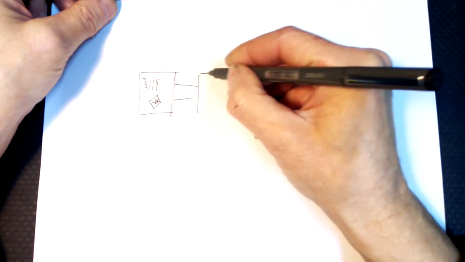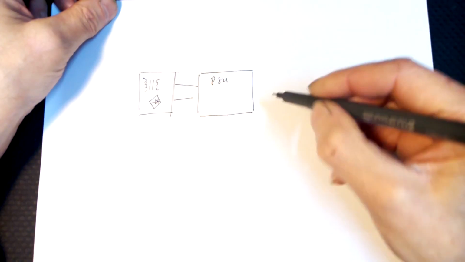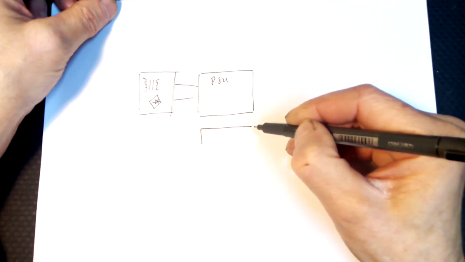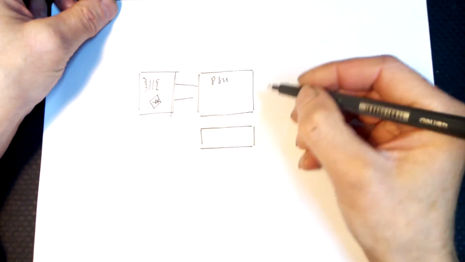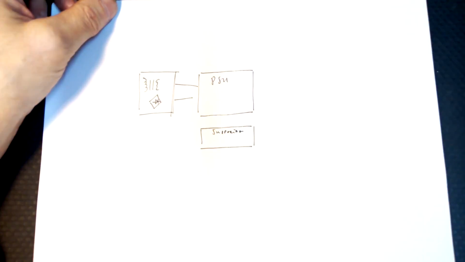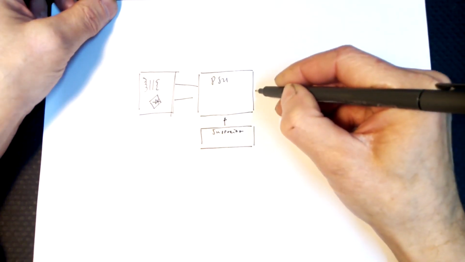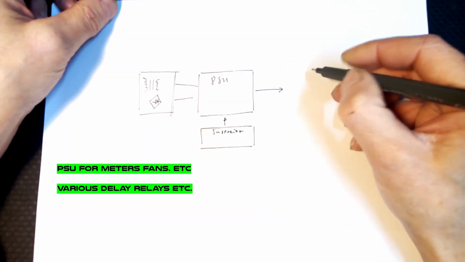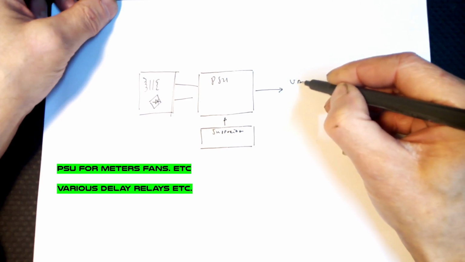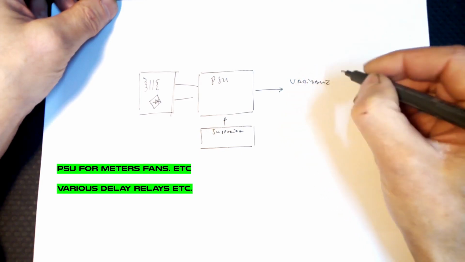Then we have this main module itself, plus let's say a supporting module, and here we have our variable output.